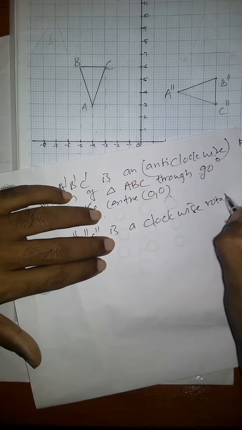Clockwise rotation of triangle ABC, that's the object, through 90 degrees about the center 0 0. See how it is. Triangle A double dash, B double dash, C double dash is a clockwise rotation of triangle ABC through 90 degrees about the center origin 0 0.